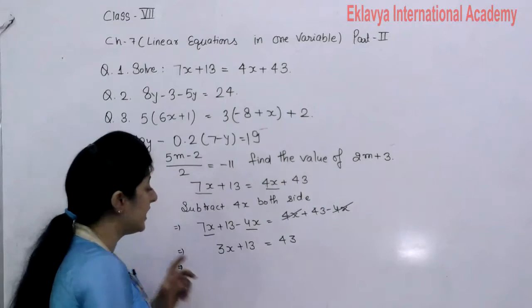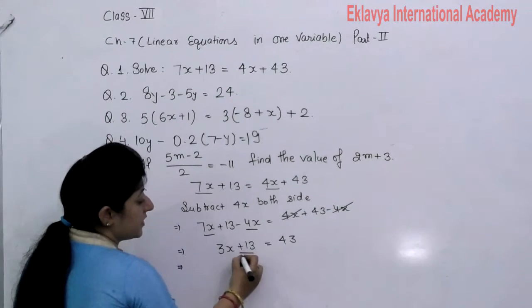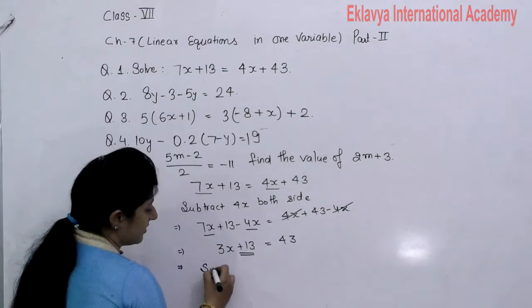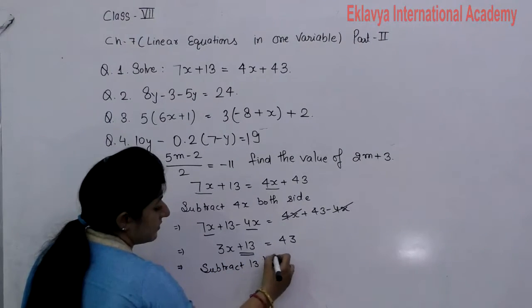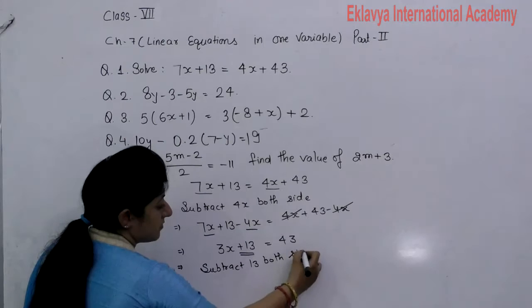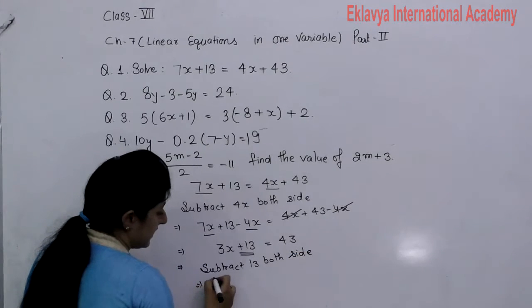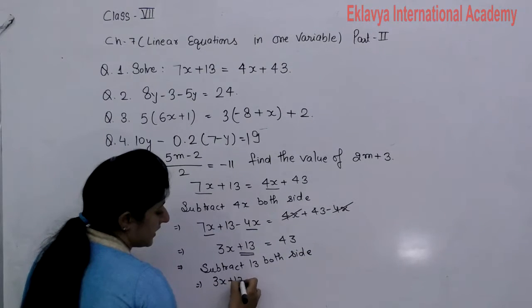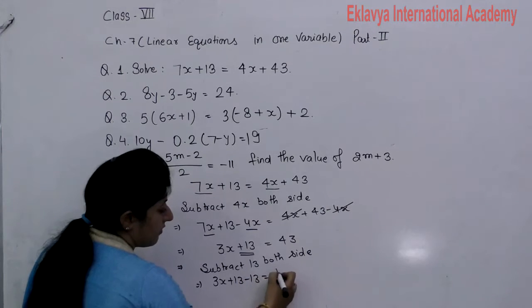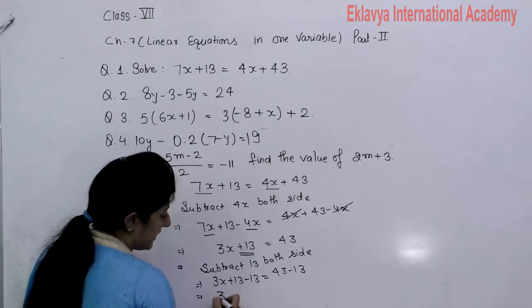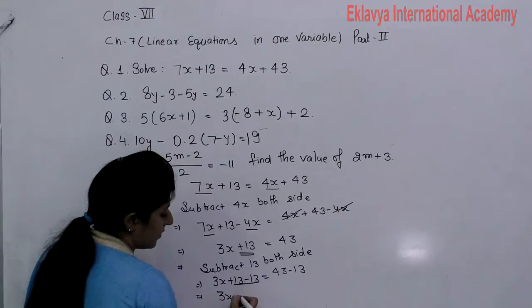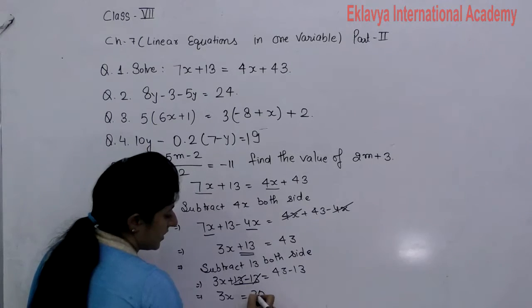How to solve it? We want to remove this plus 13, then subtract 13 both sides, then it becomes 3x plus 13 minus 13, 43 minus 13, then it becomes 3x, this cancels out, is equal to 30.